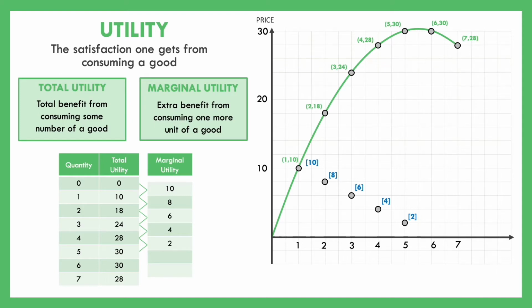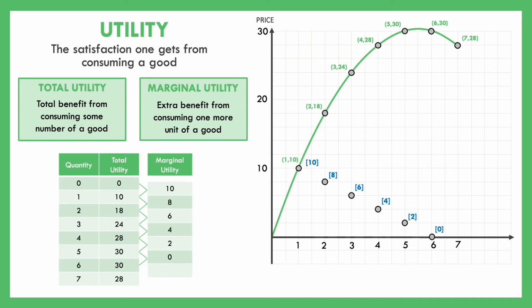And then from 5 to 6, actually right there, our total utility stays the same. What that means is that from consuming a 6th unit, we gain no additional benefit. And so really the consumer is truly indifferent in consuming that 6th unit because there's nothing to be gained, but there's also nothing to be lost.